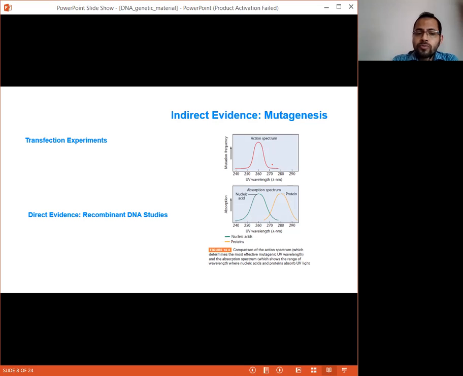So that is direct proof that DNA can act as a genetic material, where you cannot use protein to transform one particular cell by the transformation principle. Okay.